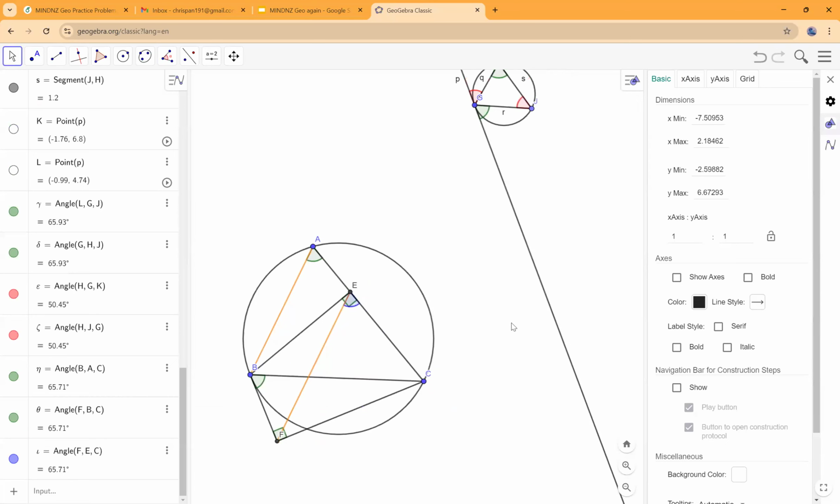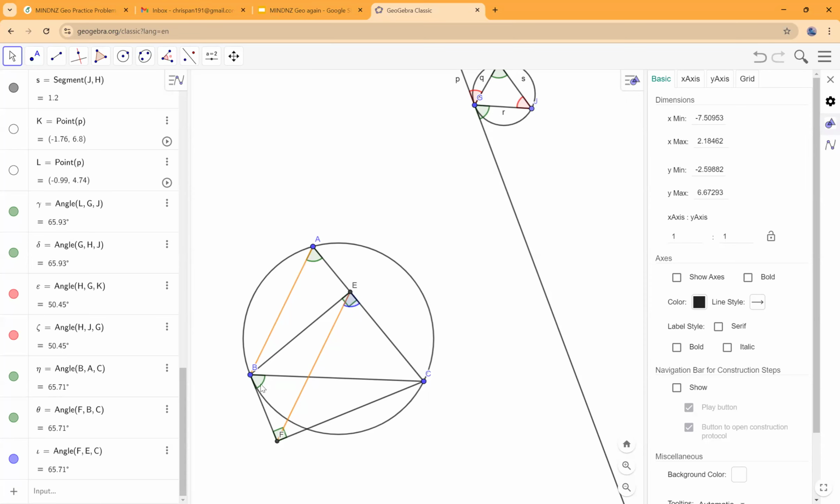How do we do that? Well, I'm not sure if you remember from earlier, but this was one of the properties of cyclic quadrilaterals.